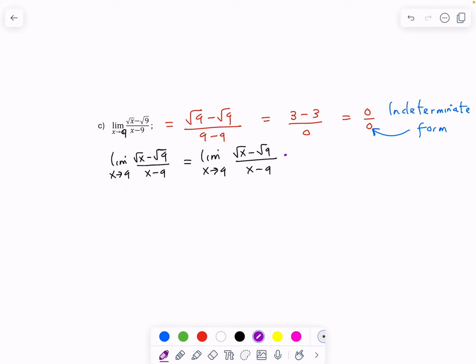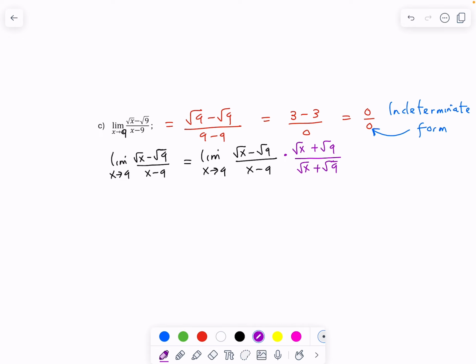The conjugate is just going to be square root of x plus square root of 9. If you observe that this sign here is negative and this sign here is positive, that's the conjugate. So this is just going to be divided by square root of x plus square root of 9.